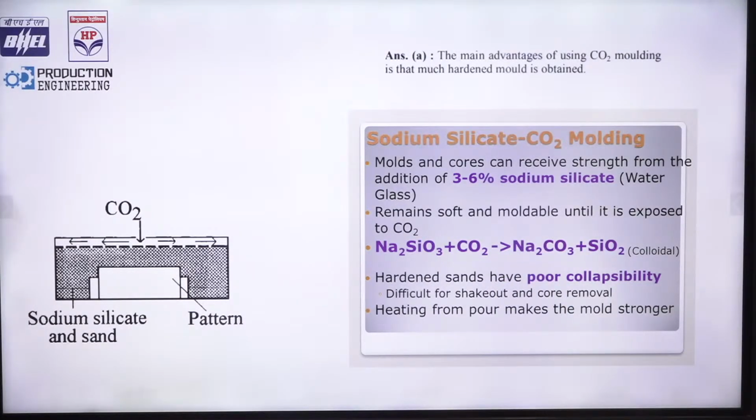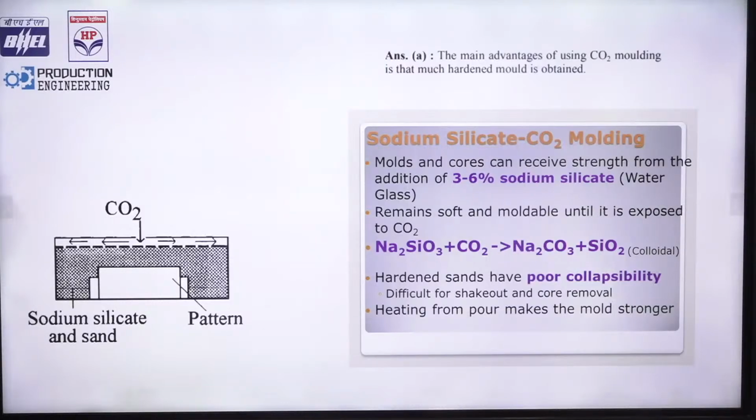This is the reason it is called sodium silicate carbon dioxide molding. When the sand is hardened, you get poor collapsibility, and it becomes strong. Hardened sand has poor collapsibility; it does not collapse.